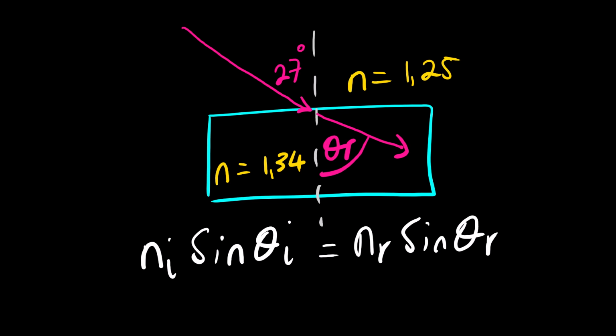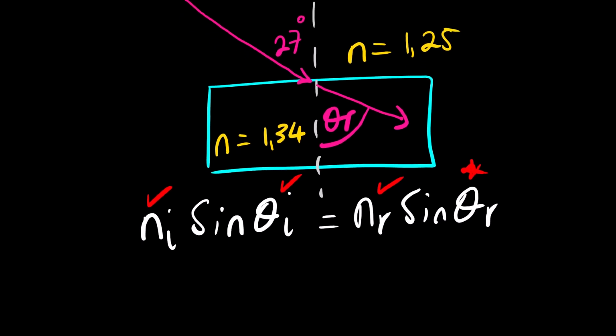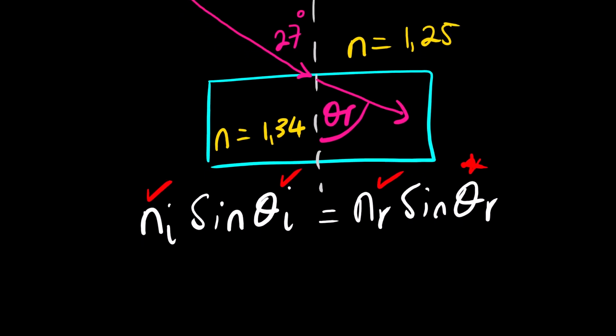Analyzing our scenario, we can see that we have this, we have this, we have this, we are looking for this. So we can simply substitute and find our answer. So the angle of incidence is 27 degrees.